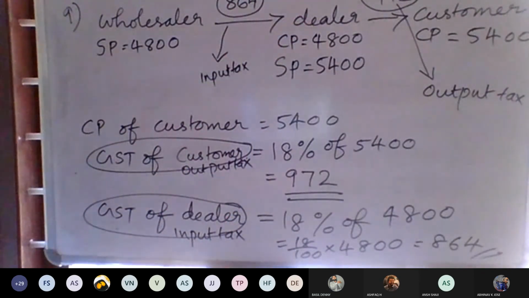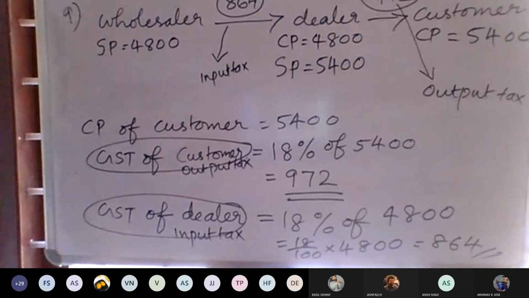So what did they ask us to find out? Find the amount of tax paid by the dealer to the government. Write down: net tax, or amount of tax under GST paid by the dealer to the government. Either you can write amount of tax paid by dealer to the government, same step, or net GST. Both are correct.